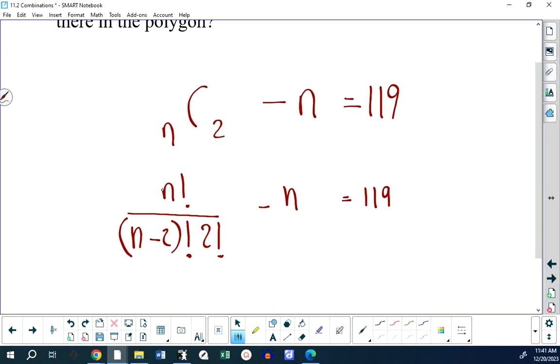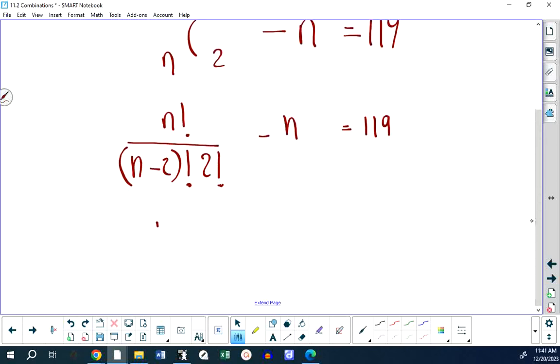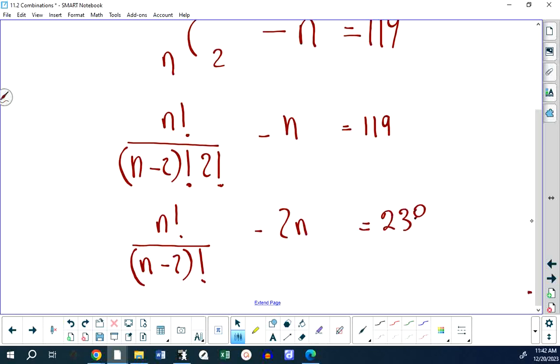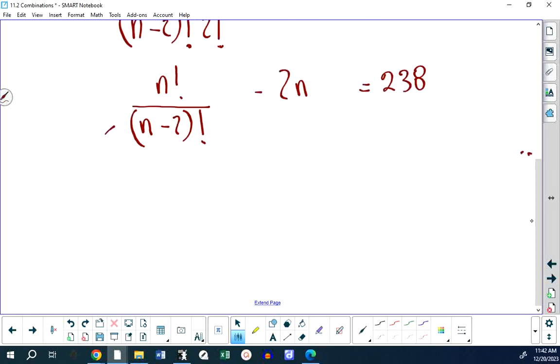When I multiply by 2 factorial, this becomes n factorial over n minus 2 factorial minus 2n equals 238. I have to remember to multiply every term by 2 factorial. I'll take you one step further, but I'm not going to solve it algebraically. This becomes that.